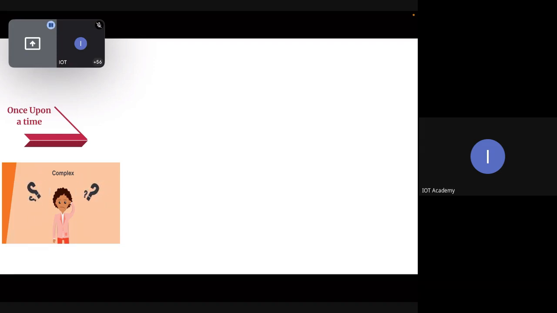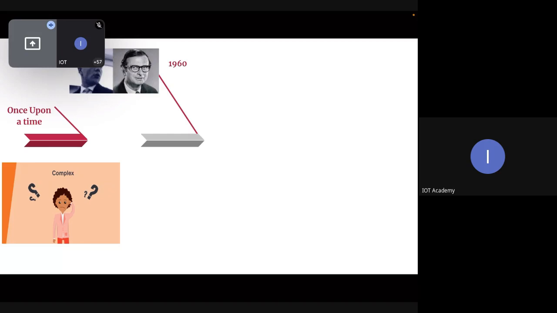In such a world, designers, engineers, and thinkers were wrestling to solve problems that were really difficult to solve. And in such a scenario came two pioneers, Horst Rittel and Melvin Webber. They set forth on a journey to understand these complex problems better, and they coined the term wicked problems.